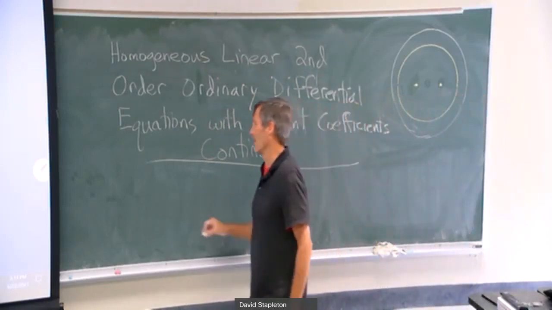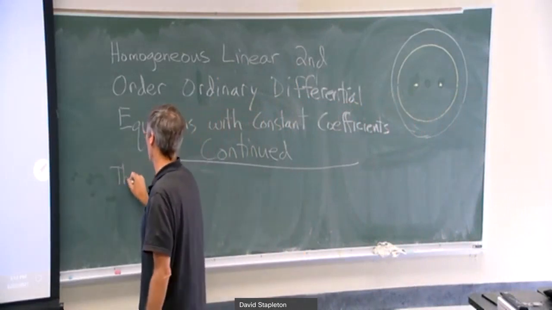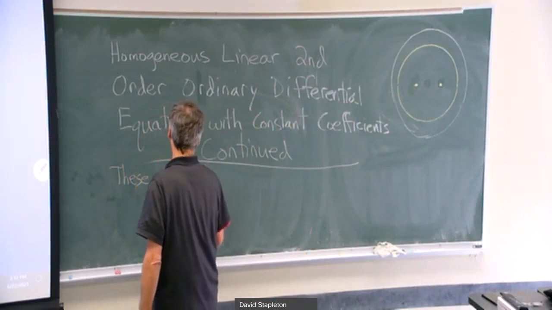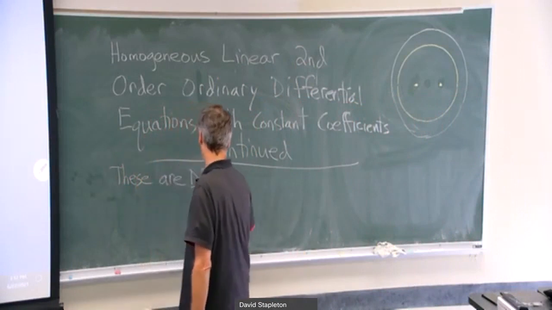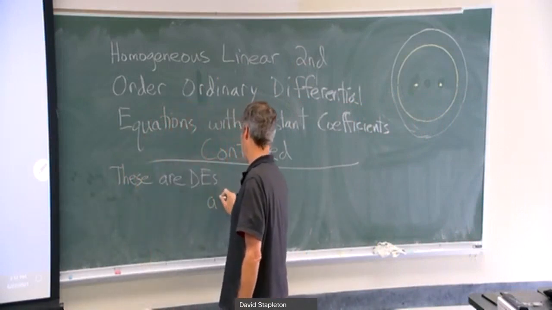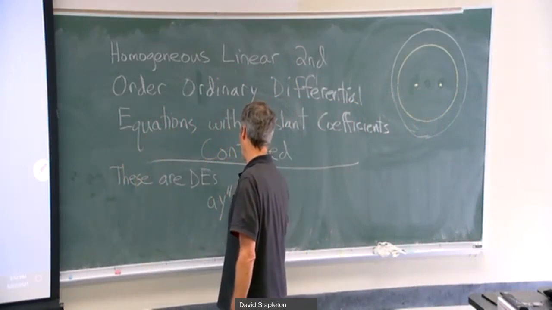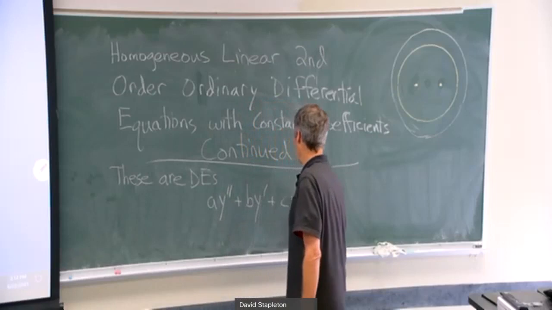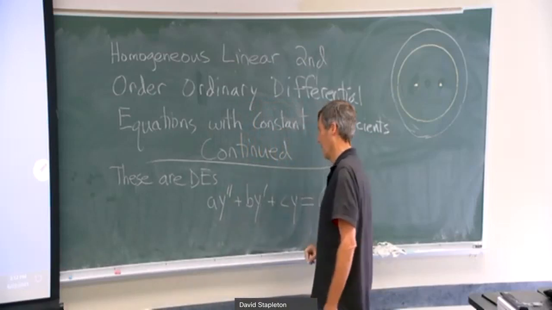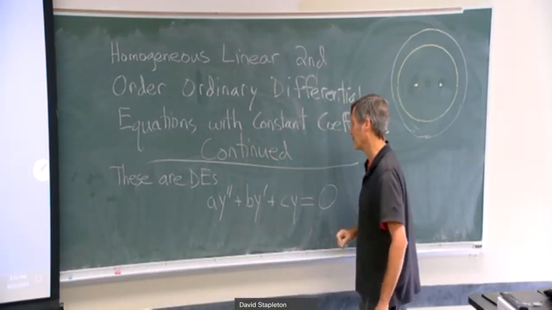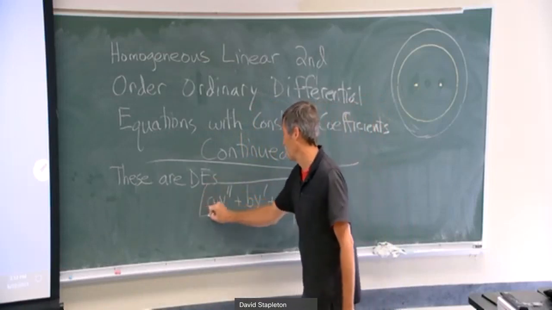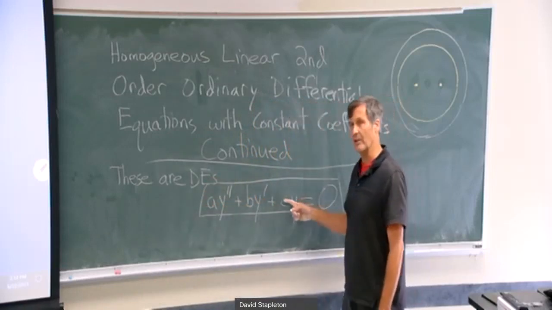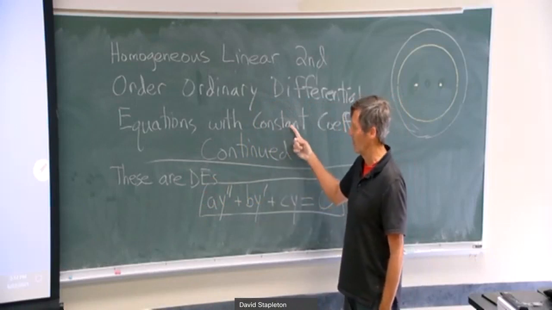These are the following kinds of equations, differential equations that look of this form: a y'' + b y' + c y = 0. So that's the equation we want to look at, call it number 1, where a, b, and c are constants, hence the name constant coefficients.